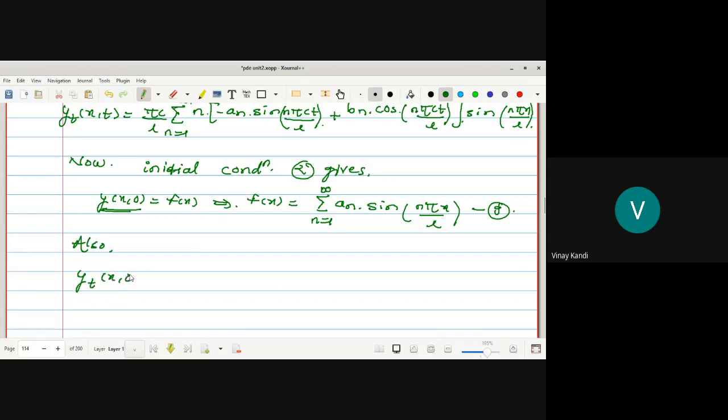Okay, and also y_t of x, 0 is equal to g of x.